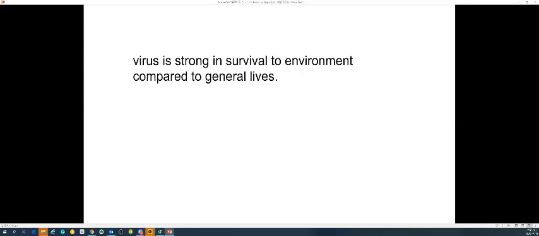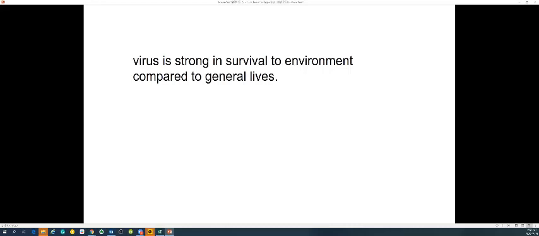Now, how about this? Virus is strong in survival compared to general lives. Okay. What are the general lives? Maybe this means some real life forms we believe in, like bacteria or ourselves.